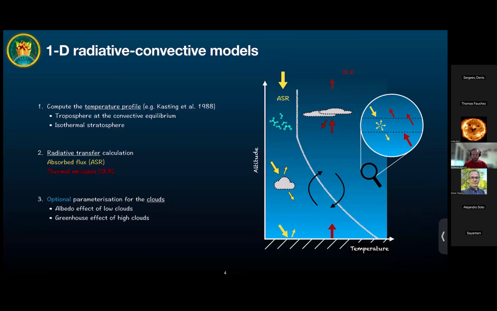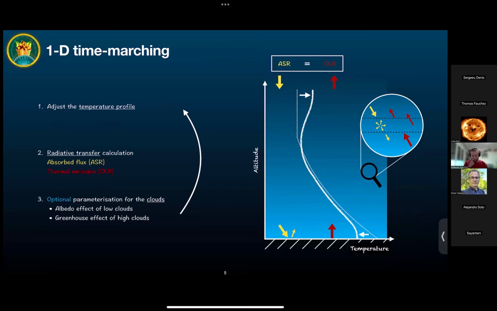So here, the main quantities we compute are the flux which is absorbed by the atmosphere, the ASR, and the thermal emission of the planet, the OLR. When we have these two quantities, we can then have a loop over time, meaning that we modify the thermal structure of the atmosphere to try to reach the equilibrium between the flux which is absorbed and the thermal emission.